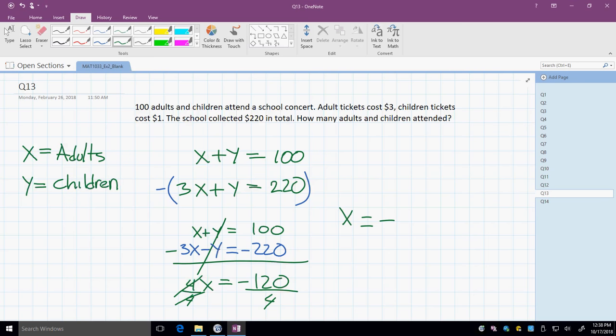I forgot the negative in the front. Let me fix that. That is a negative 3 plus 1. That is going to give me negative 2x, right? Divide by negative 2, divide by negative 2, and that is going to give me x equals a positive 60.